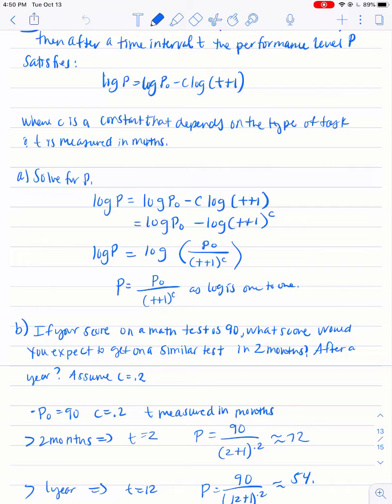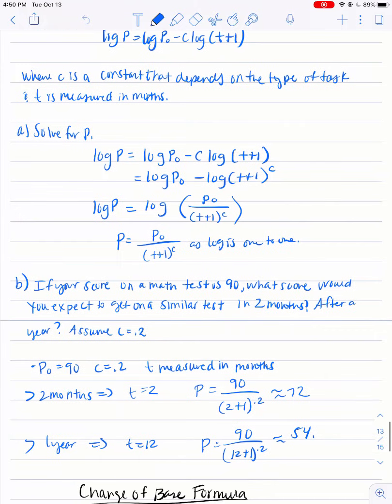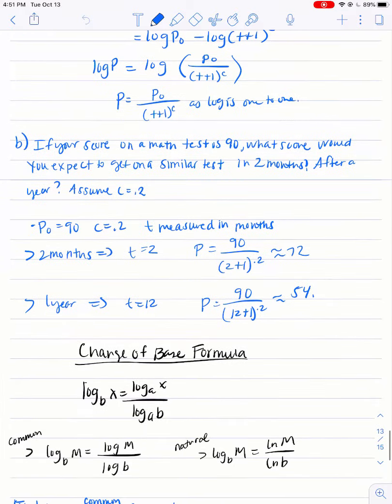And then I could actually cancel my logs here. So it's log base 10, and I could cancel it because log is a 1-to-1 function, so it has an inverse. So we apply the inverse to both sides, and that cancels the log, so I get p equals p0 over (t plus 1) to the c.